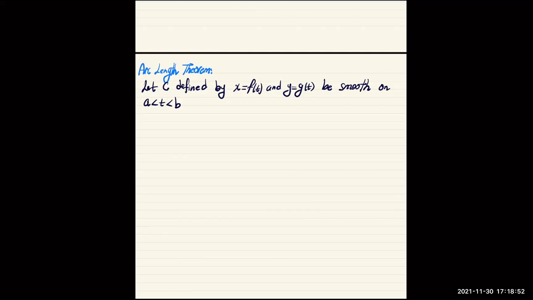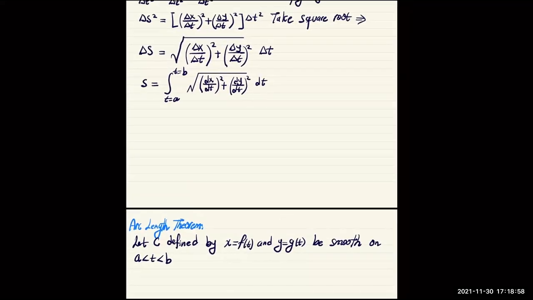Again, we need smoothness, guys, because if C is not smooth, then these derivatives would be undefined. If one of these is undefined over this interval, then how are you going to find the integral?